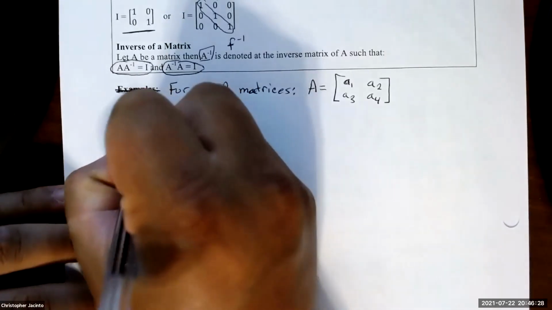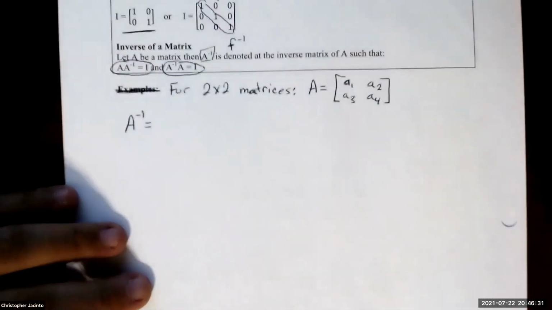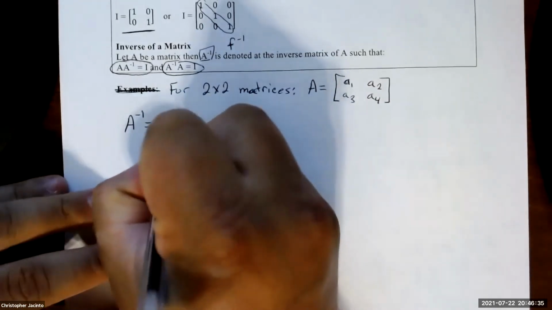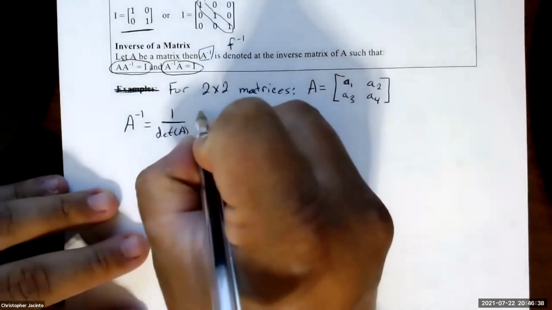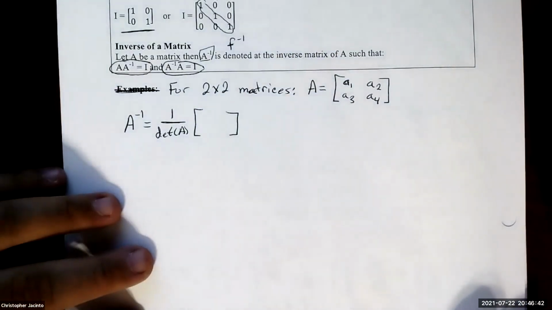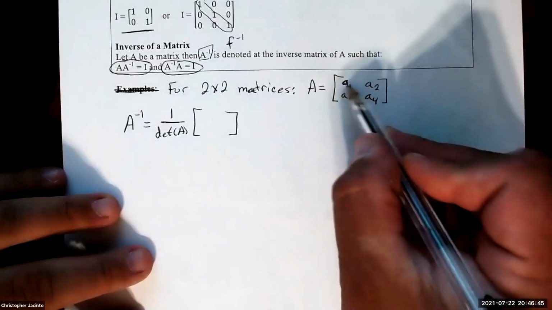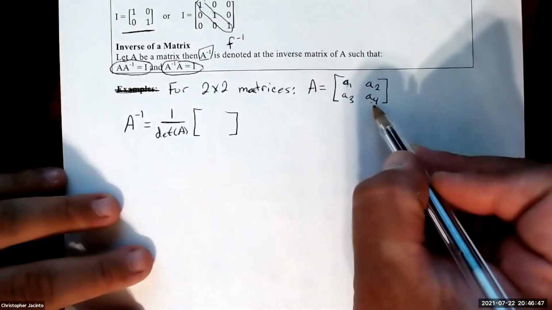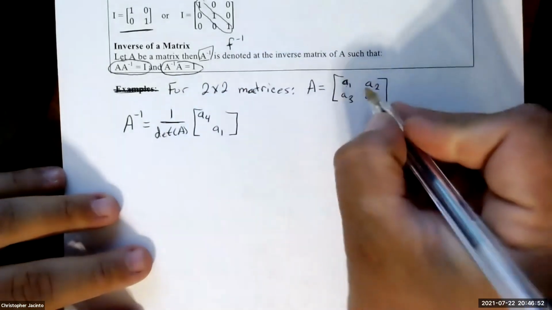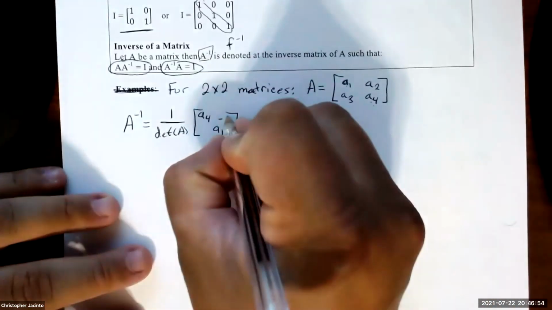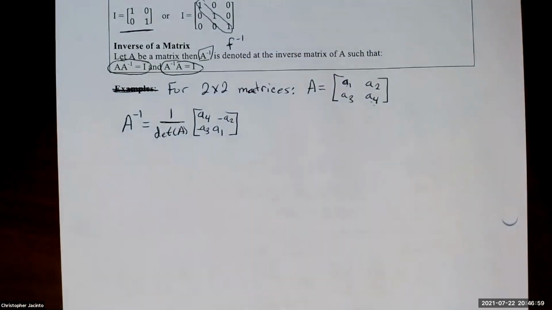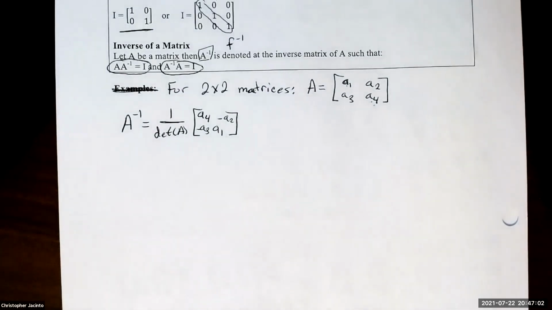The inverse of A is equal to 1 divided by the determinant of A, times a matrix where we swap places of the diagonal entries and put a negative in front of the other two. That's how we do the inverse of a 2 by 2 matrix.